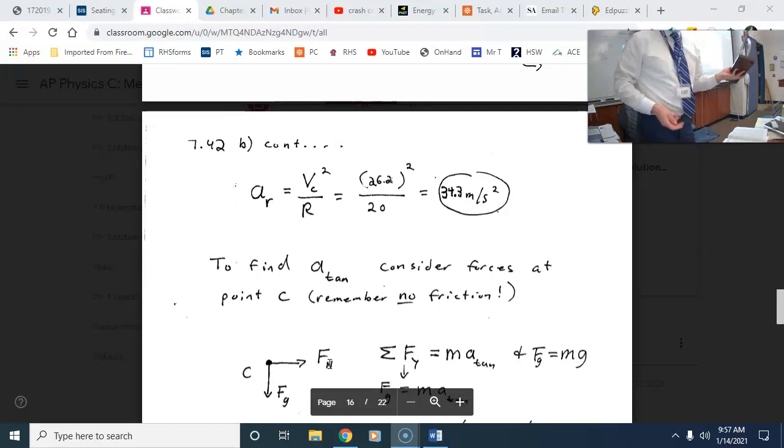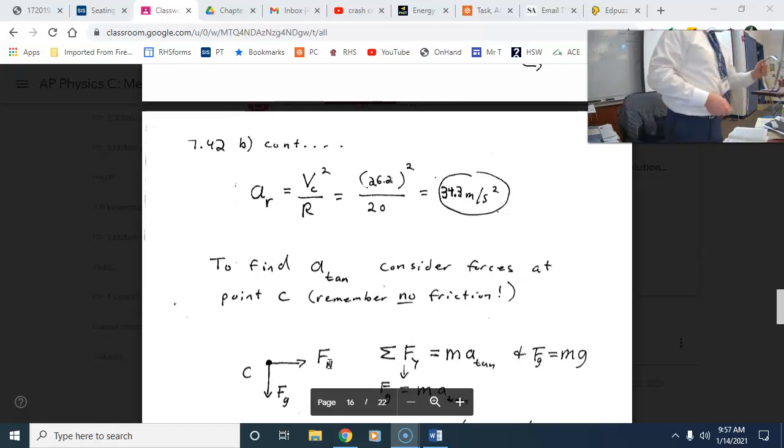It says approximately to scale, but I don't care as long as they're pointing in the right directions. But we need to figure out how to find, at this position, the regular old acceleration that's due to speeding up or slowing down. We found centripetal; they're two separate ideas, right? Sometimes we refer to that as tangential acceleration because it's speeding up or slowing down at any moment tangent to the curve.